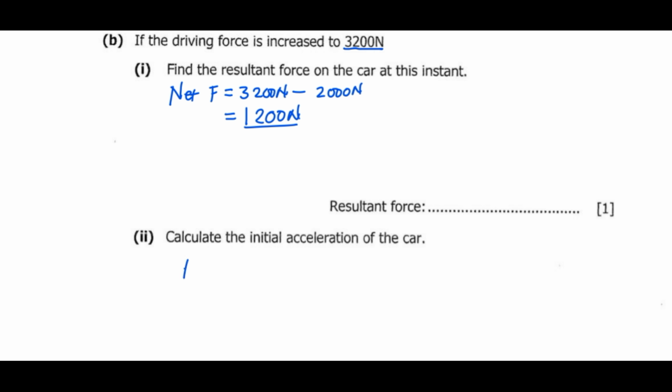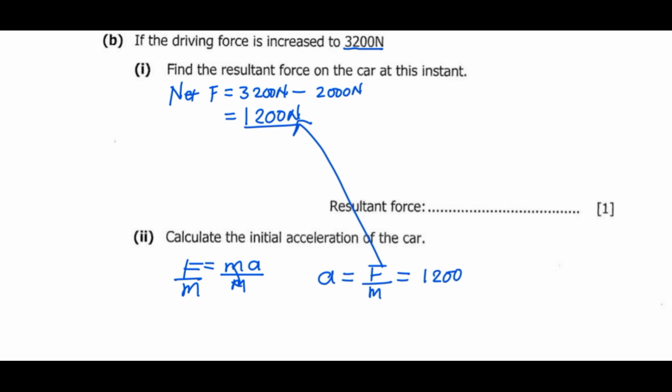We'll say now force is equal to mass times acceleration. So if we divide by mass on both sides, what is our acceleration? Acceleration will be force over mass. The force is the resultant, which is 1,200.